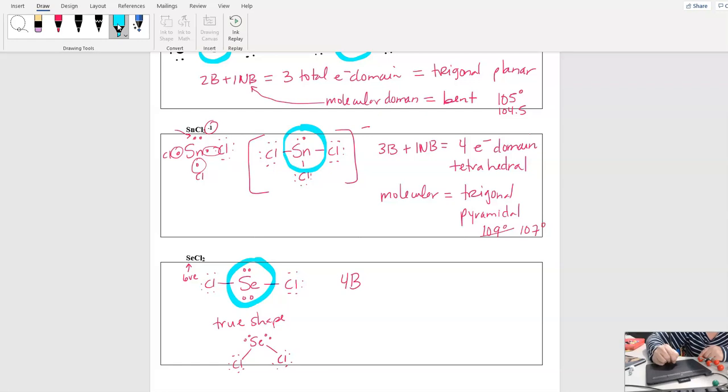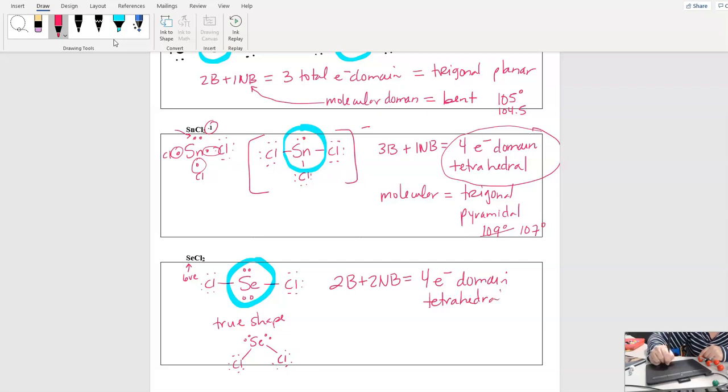You have 4 regions, so look at that central atom. 2 bonds, 2 non-bonding regions. So you have a total of 4 electron domains. Well, if you look at right here, 4 electron domains, the domain name is tetrahedral. But from the one we just drew to now I have 2 lone pairs, where this one I only had 1.